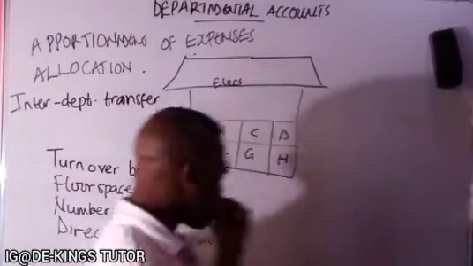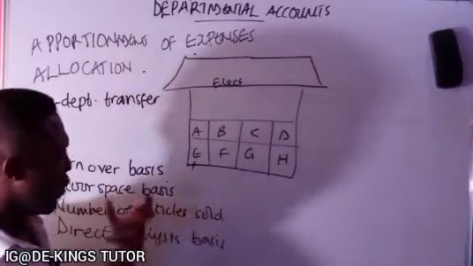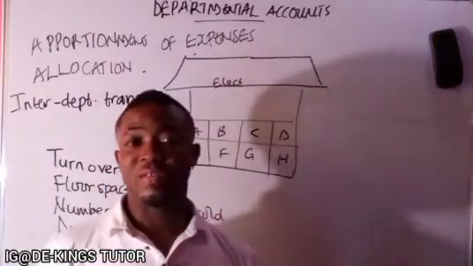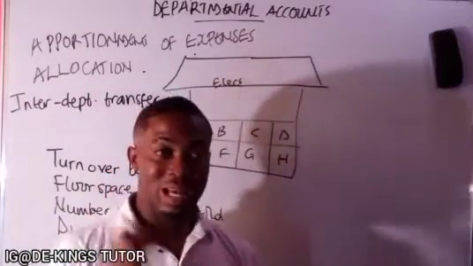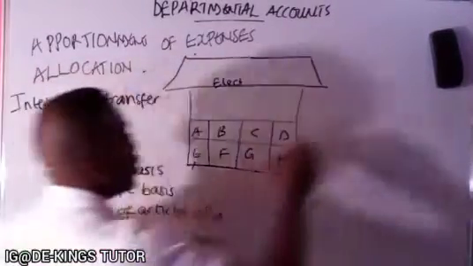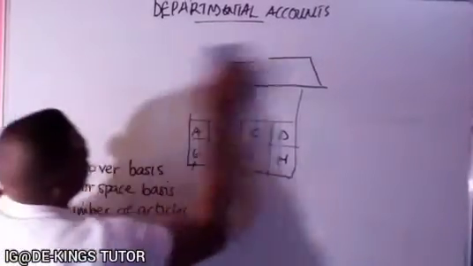Be that as it may, let's see the format of the departmental trading profit or loss account. We have objectives and characteristics, but I don't want to go into that.